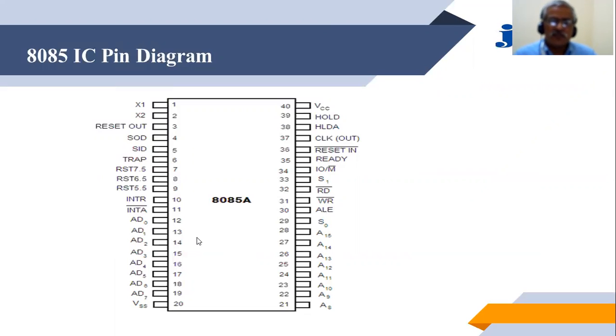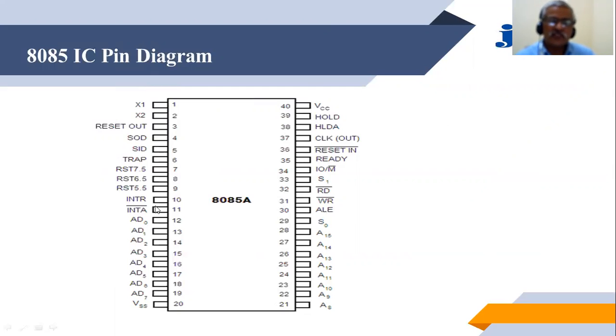But in the real world, we have to have these pins separately. By multiplexing the pins internally, the developers of the 8085 are able to reduce the pin count. When the pin count reduces, the size of the IC reduces, and hence the cost of the IC comes down, because the cost and size are directly proportional to the number of pins on any IC.